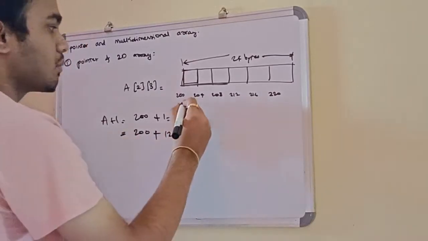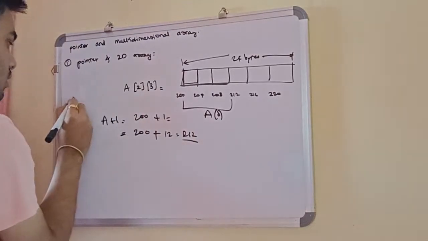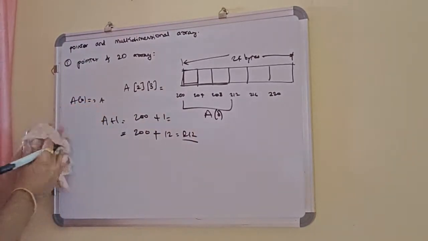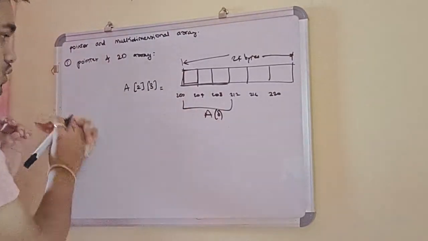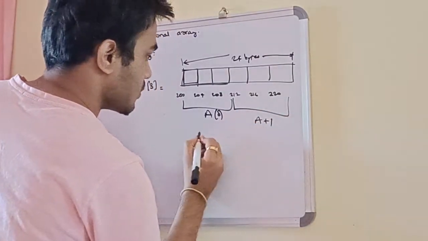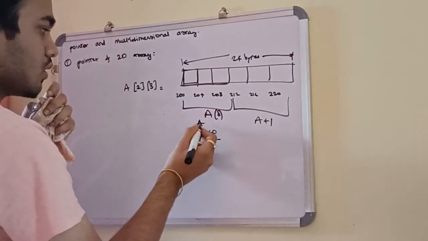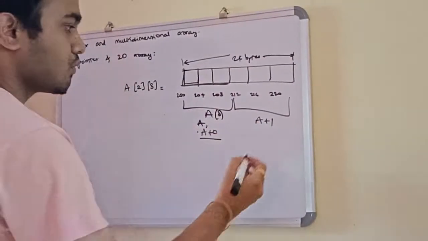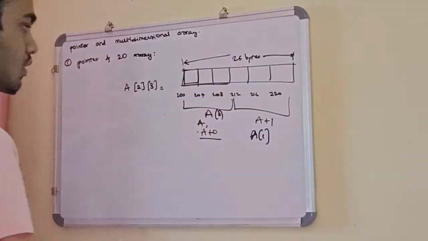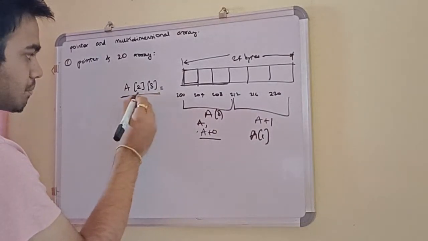Why? Because a is representing a of 0, so a plus 1 is this one, this is a plus 0 or a of 0, this is a of 1.